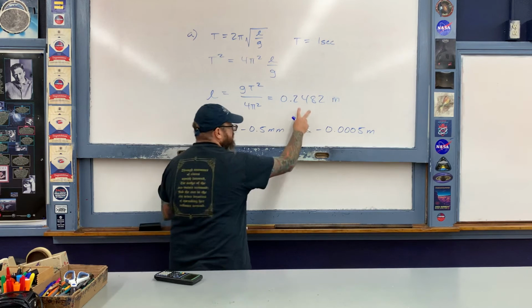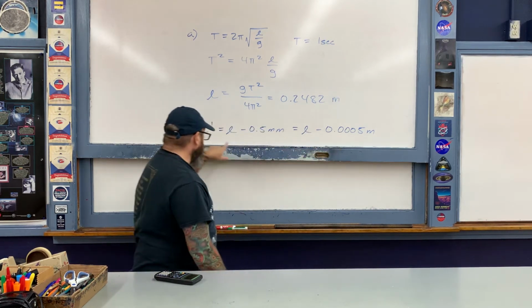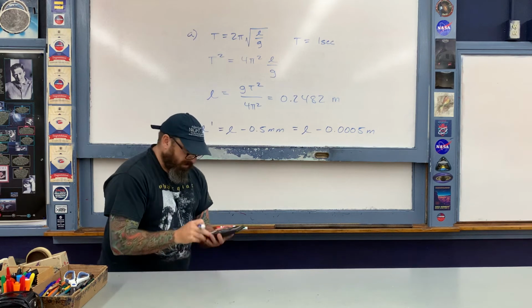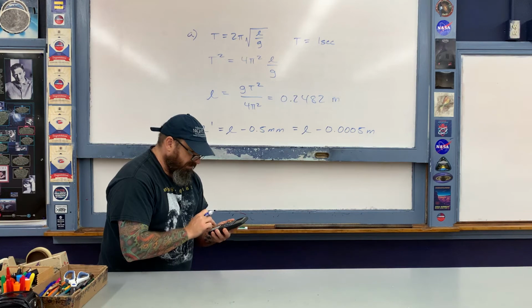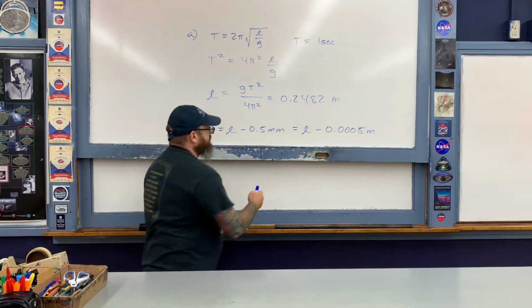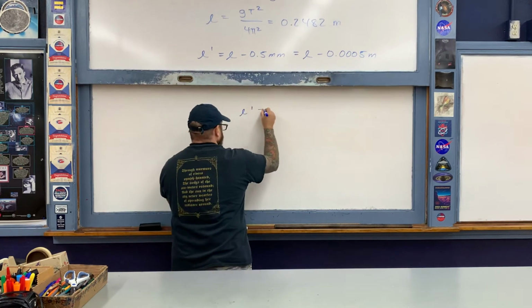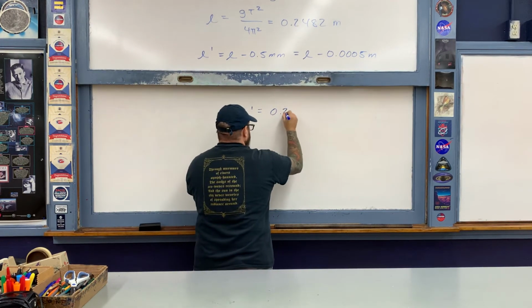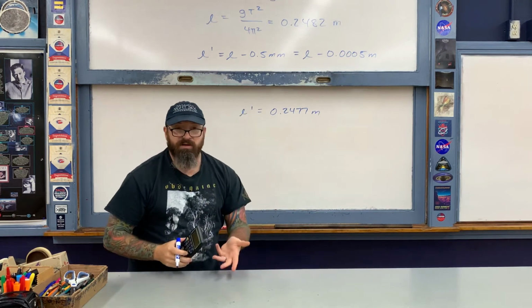Now let's take 0.2482 and subtract from it this value to get the new length L prime. So 0.2482 minus 0.0005, and this is equal to 0.2477 meters.